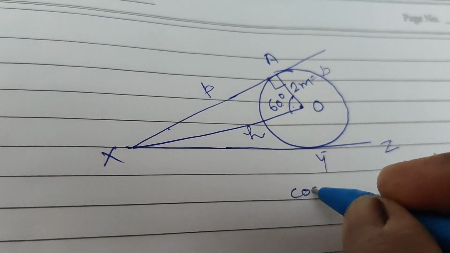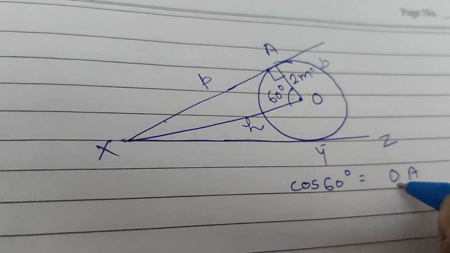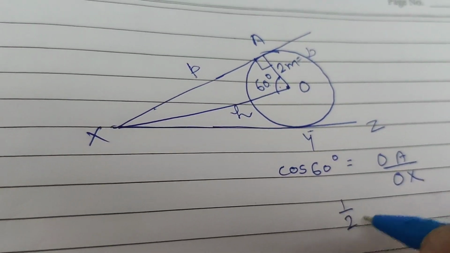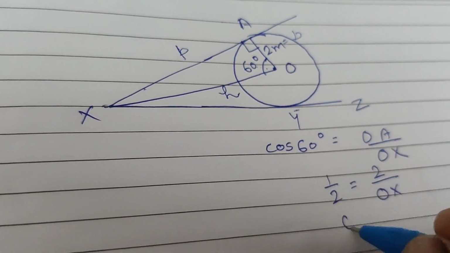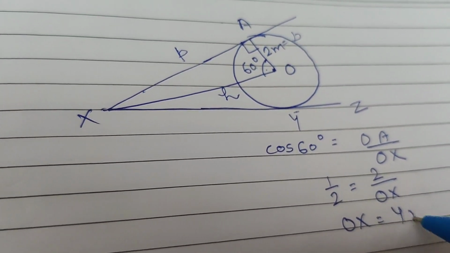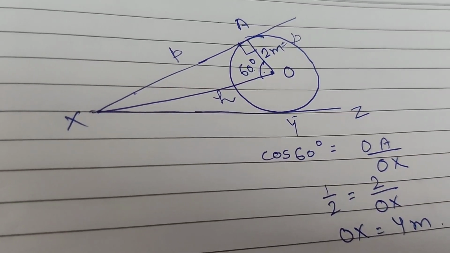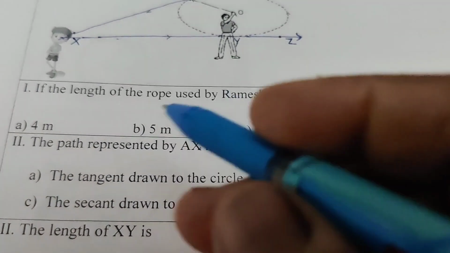We can find cos 60 degrees equal to OA upon OX. Cos 60 degrees is 1 by 2 and OA is 2 meters. Then OX equals 4 meters. The right option is 4 meters.